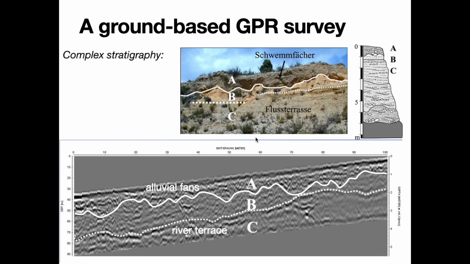Next to this outcrop, a section can be taken, and this is again a radargram that can be interpreted, so we can reconstruct the different interfaces within the subsurface. The alluvial fans can be traced down, and the river terraces can be traced down at depth. The thickness of the layers can also be reconstructed.